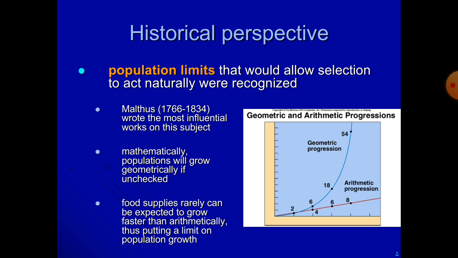Population limits that would allow selection to act naturally were recognized. Thomas Malthus wrote the most influential works on this subject, and mathematically, populations will grow geometrically if unchecked. Food supplies rarely can be expected to grow faster than arithmetically, thus putting a limit on population growth.